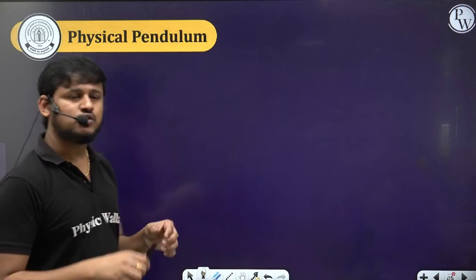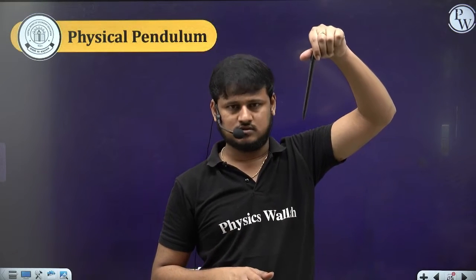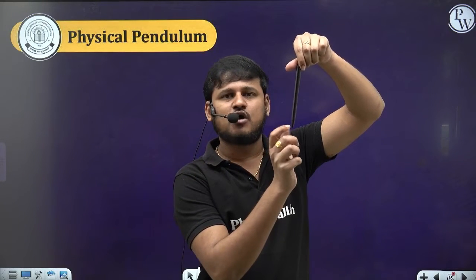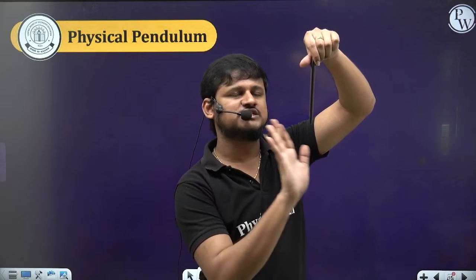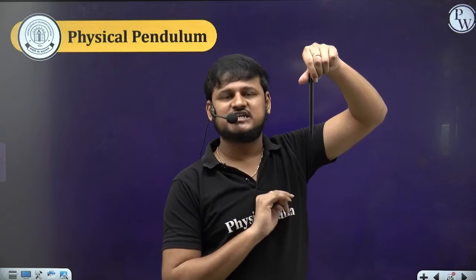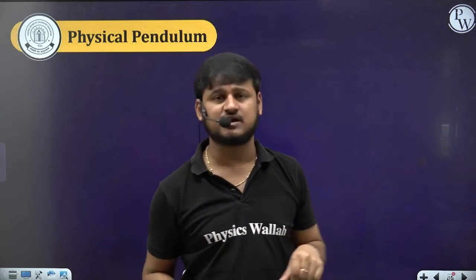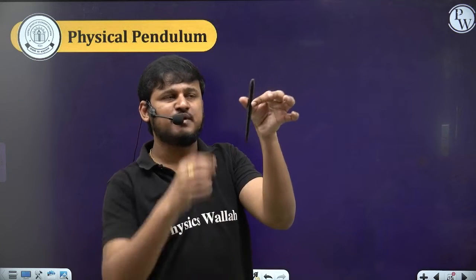There we took a string of some length, and then a bob of mass m is attached. If you give the bob a slight displacement x, then it does simple harmonic motion. That's a linear one. Now the whole body is pivoted at one point.